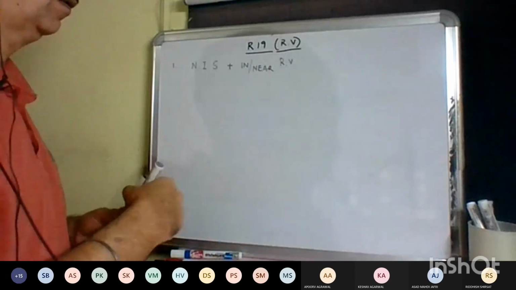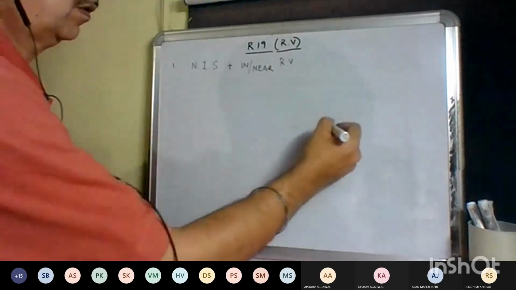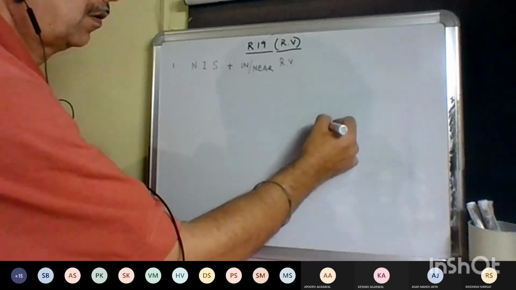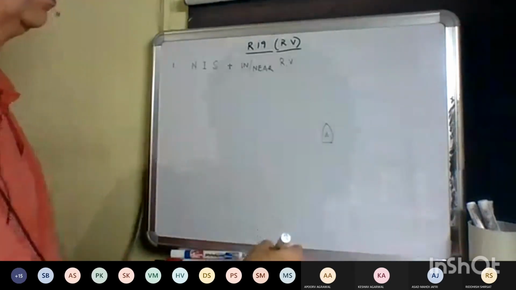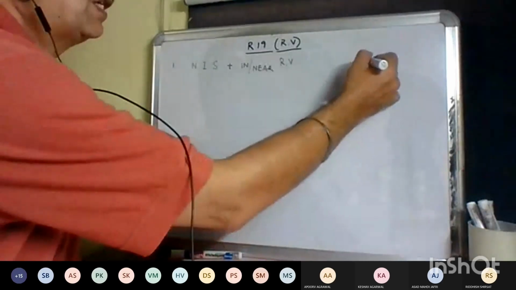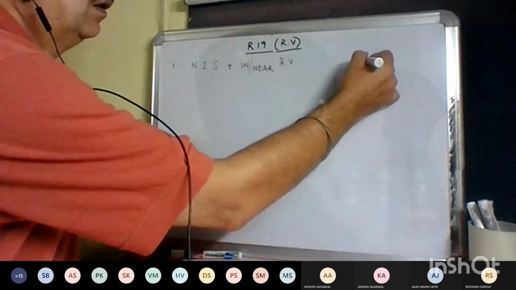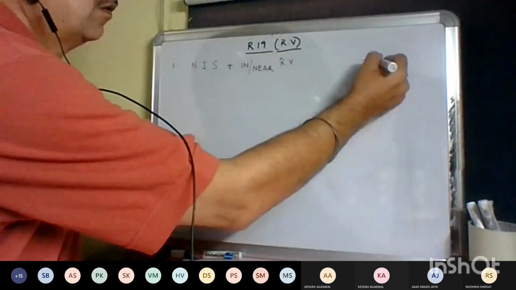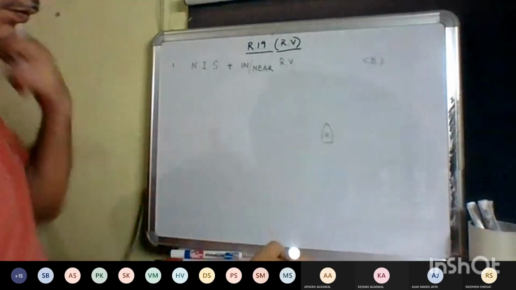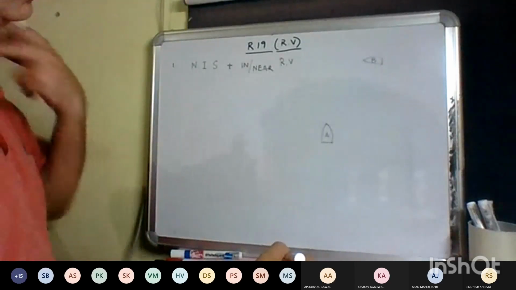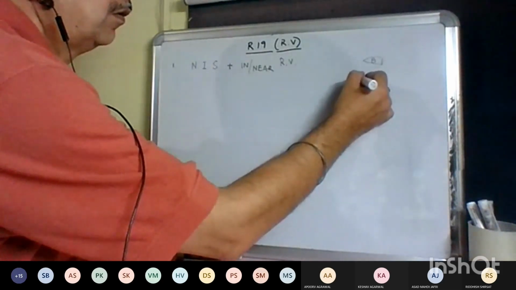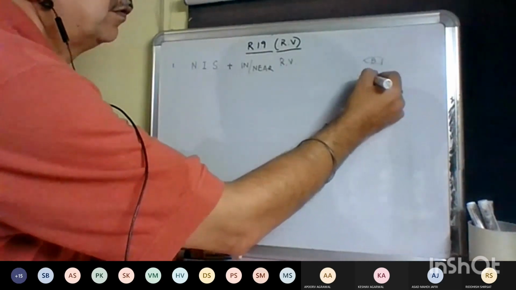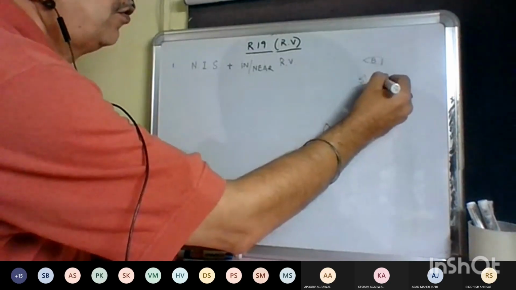So basically, your vessel is A, you have a vessel B on your starboard bow, five miles off, not in sight.